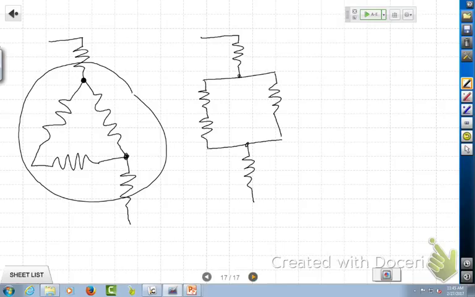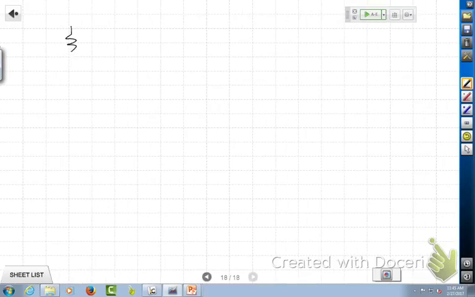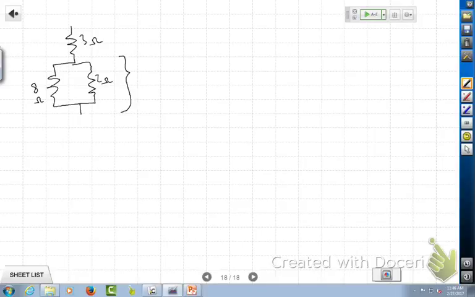So we have 3. Doesn't matter which way around these guys are. We'll do it like that. So this is 3 ohms, 8 ohms, and 2 ohms. So what we do is we say, okay, this is unambiguously in parallel, so I'm going to say 1 over Rp is equal to 1 over R1 plus 1 over R2.